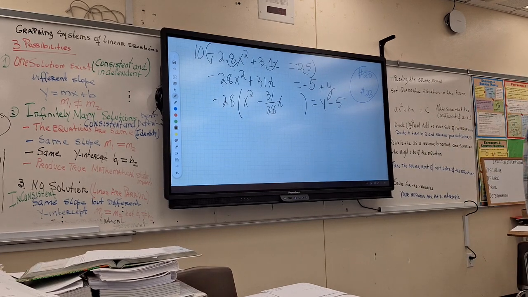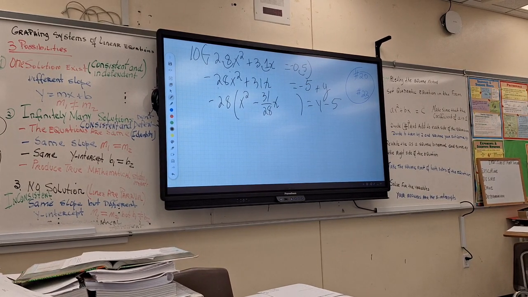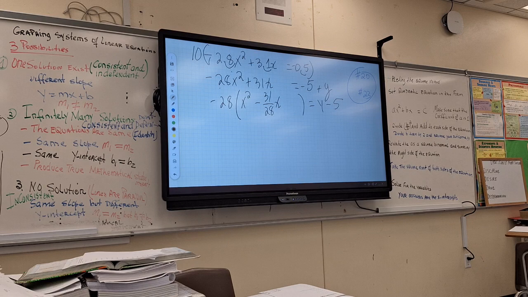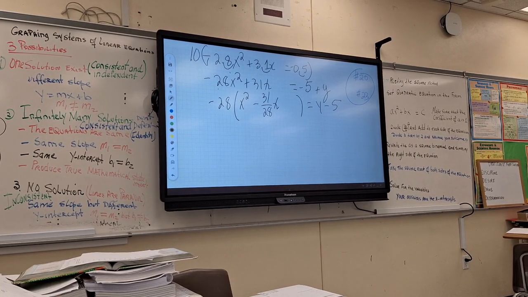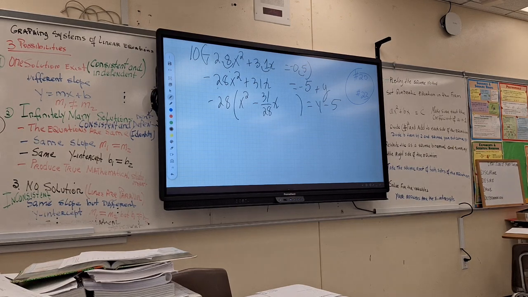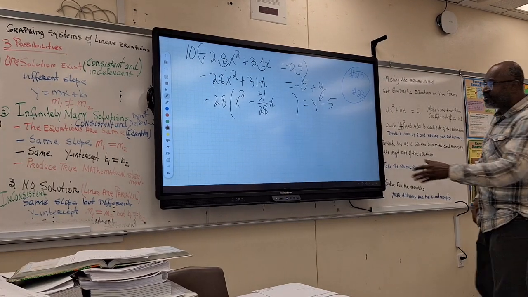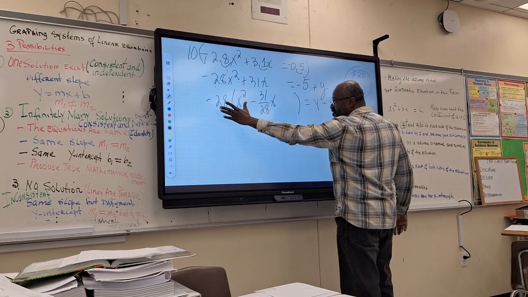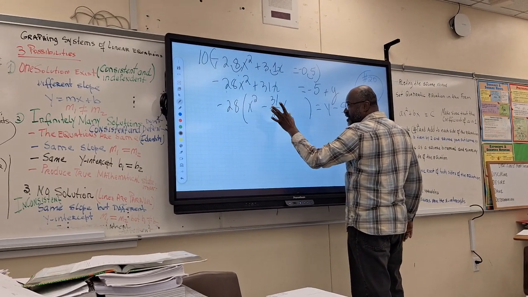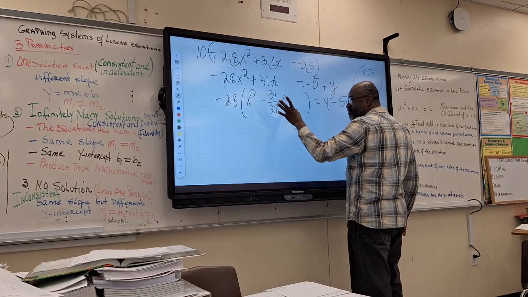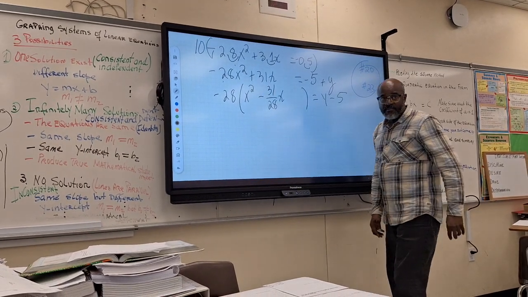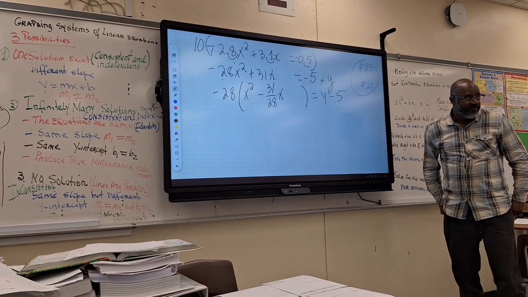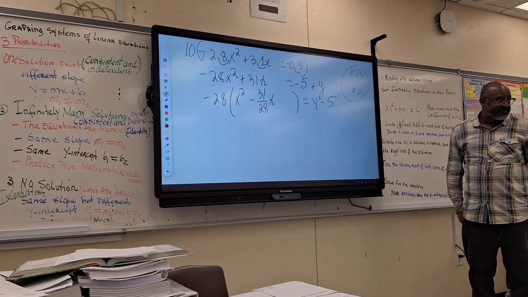Then I can start doing my completing the square method. If I distribute this here, I will get my negative 28x. If I distribute it here, the 28 will cancel each other out. Two negatives become positive. That's all I did.